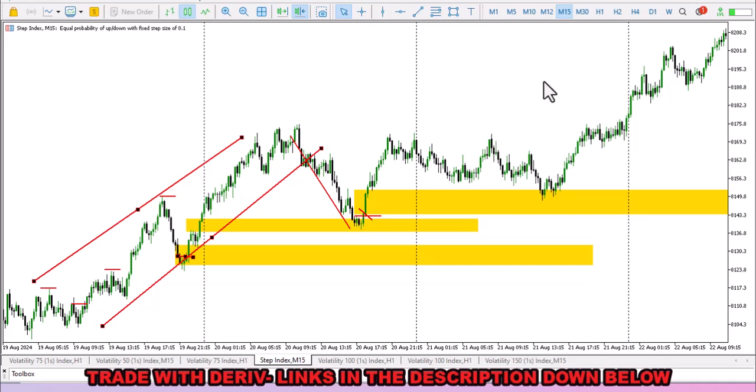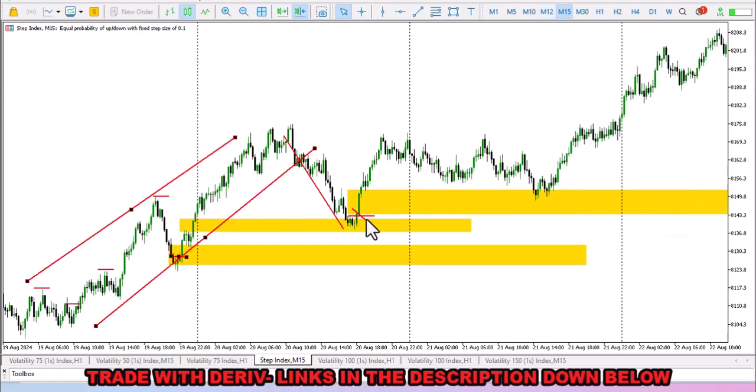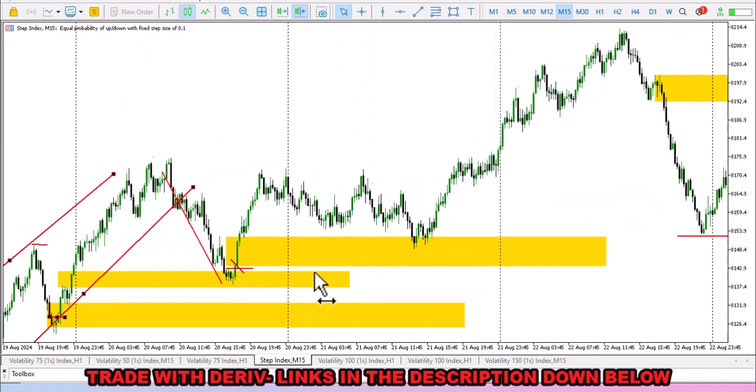Remember, number one, we look for what? We look for the point of interest on the H1. After looking for that, we go to the M15, and we're going to be looking for what? We're going to be looking for the break of a minor structure in the order block, and we're going to be looking for a candle close above that break.